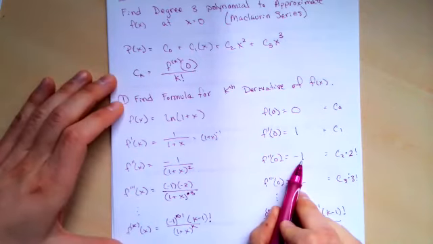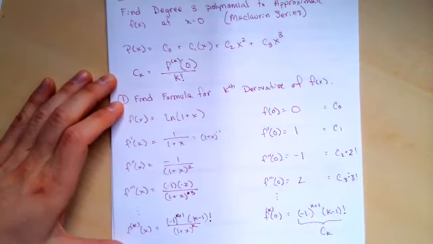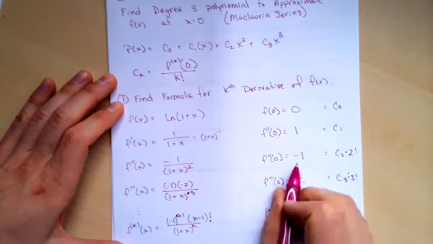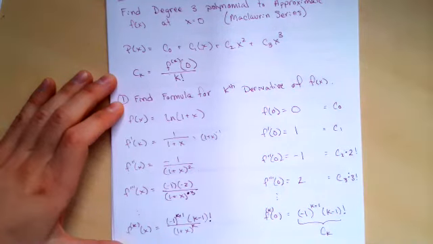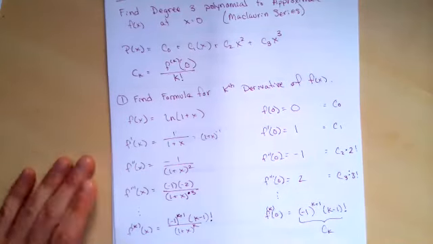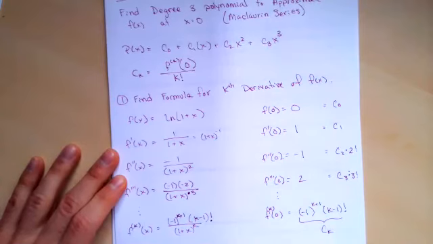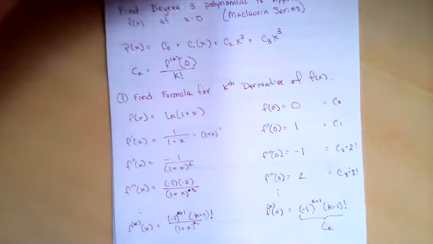plus our c2 is the second derivative evaluated at 0 divided by 2 factorial. So 1 over 2 factorial, negative 1 over 2 factorial, x squared, plus our last term is going to be 2 divided by 3 factorial, x cubed. Sorry, that's off the screen.